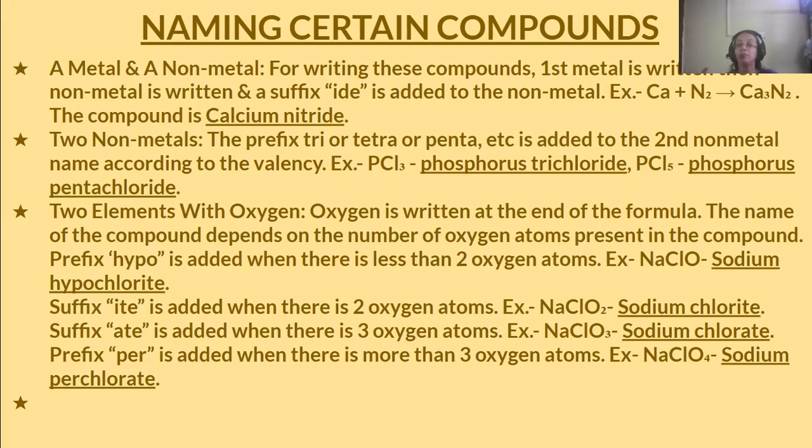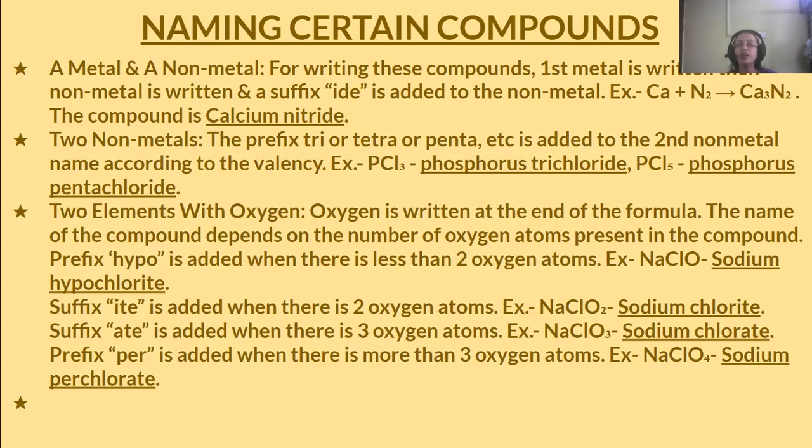And the name of the compound depends on the number of oxygen atoms present in the compound. For example, a prefix of hypo is added when there are less than 2 oxygen atoms.